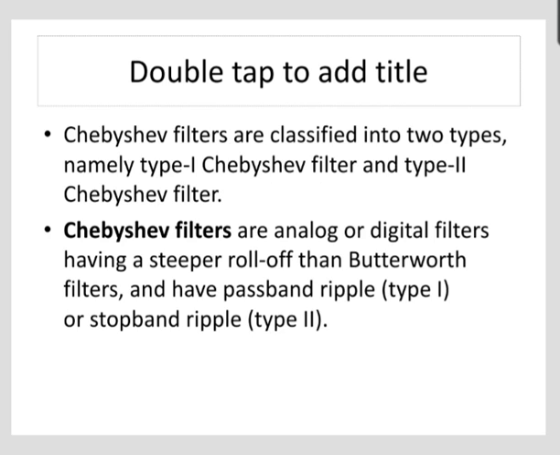Type 1 Chebyshev filter. This type of filter is the basic type of Chebyshev filter. The amplitude or the gain response as a function of angular frequency of the nth order low pass filter is equal to the value of the transfer function.